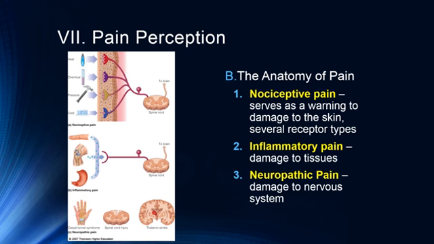Inflammatory pain is caused by damage to tissues, things like, if you look here, when we have some sort of damage to our knee, for example. Let's say we've injured your knee, that causes inflammation. That causes a different kind of pain.